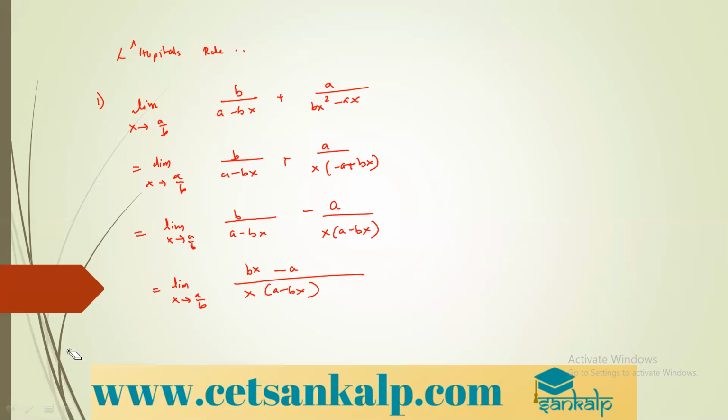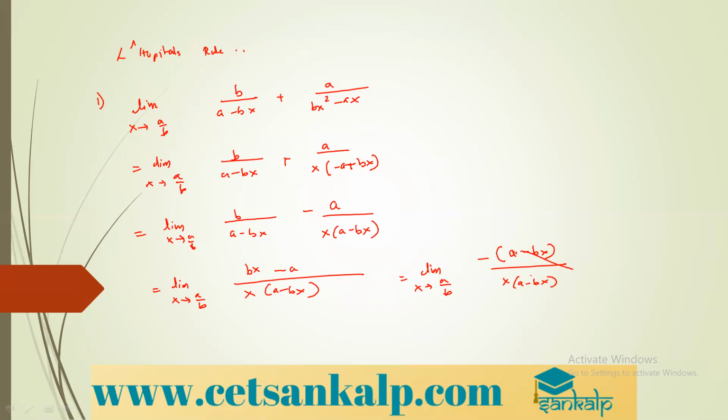So this can be written as limit as x approaches a by b, you can write minus outside, of (a minus bx) and down in the denominator x times (a minus bx).